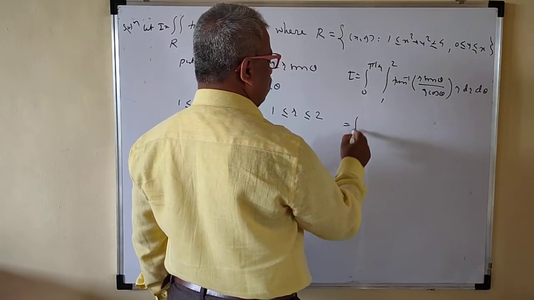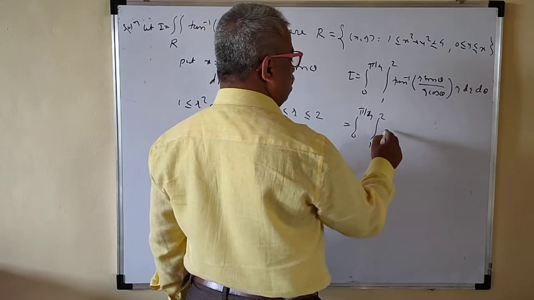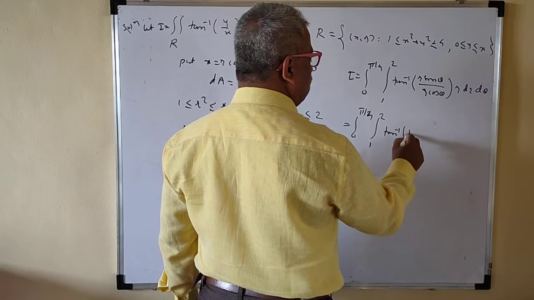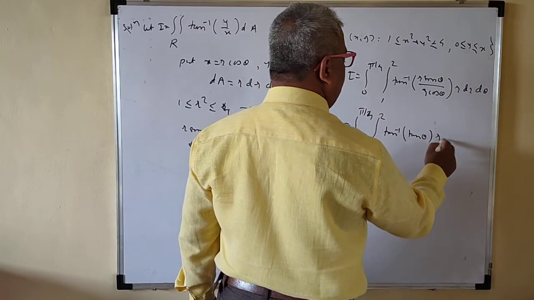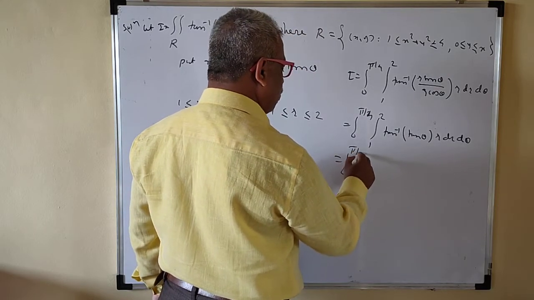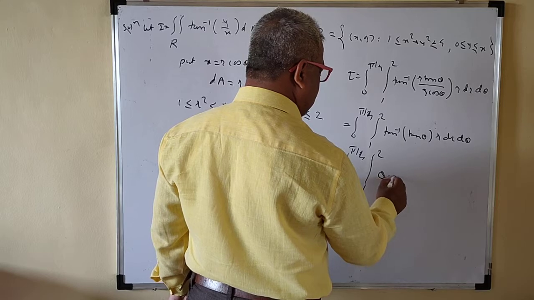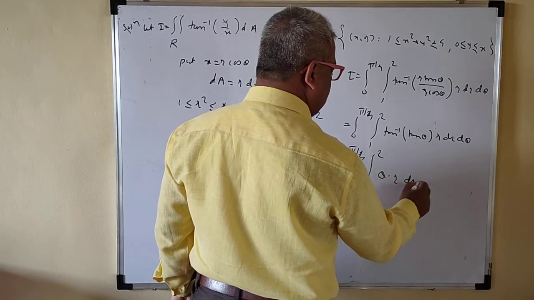So now this is the integral from 0 to pi by 4, and 1 to 2, of tan inverse of tan theta, r dr d theta. So this is tan inverse, which gives theta, times r dr d theta.